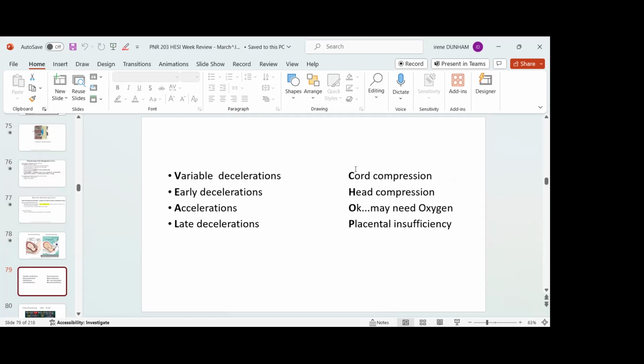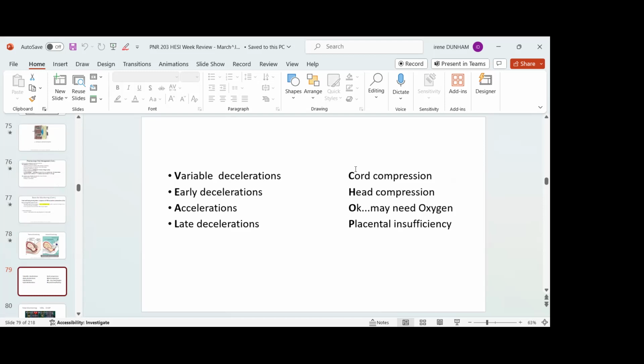So what's a nursing intervention I could do? Turn to the left side. Exactly. So in a scenario in HESI, they might tell you baby's having variable decelerations.